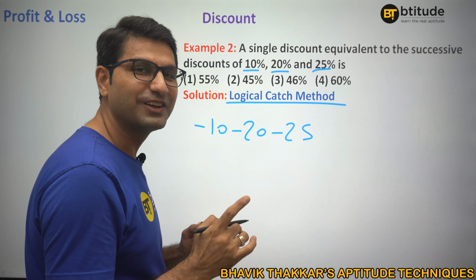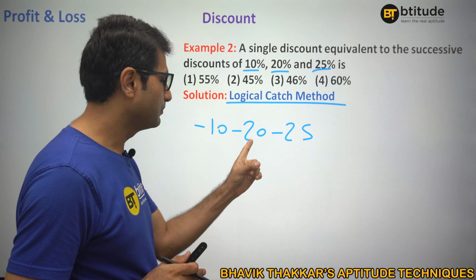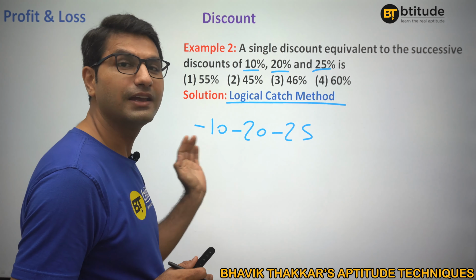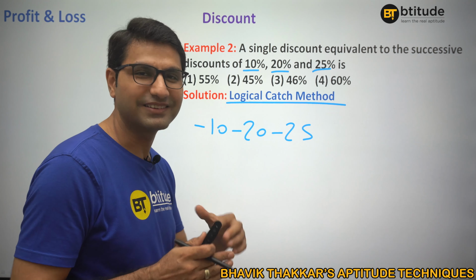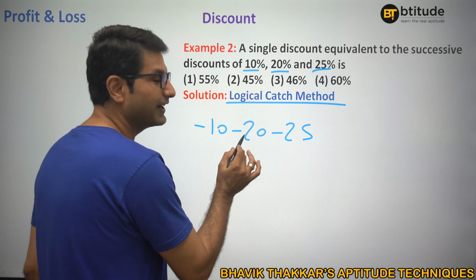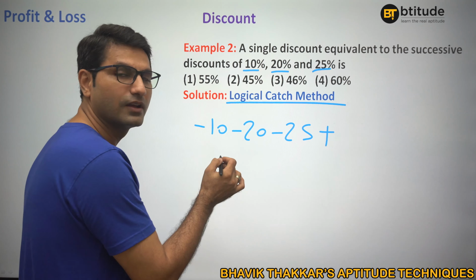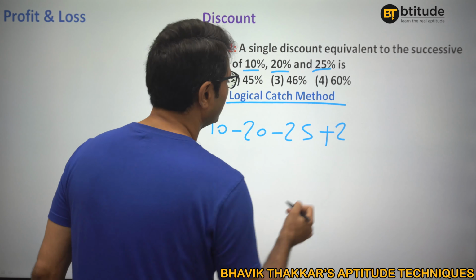But then there are 3, so there will be so many combined effects. These multiplied by this, A and B, B and C, A and C, and ABC all getting multiplied together. That would be the combined impact. That would be the logic. So if you understand this, now minus 10 into minus 20 would be, in percentage terms, 10% of 20, which is 2.